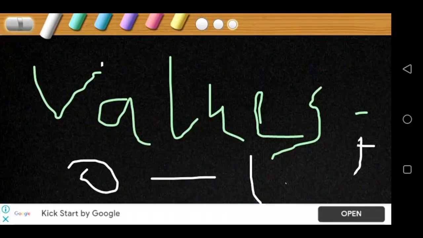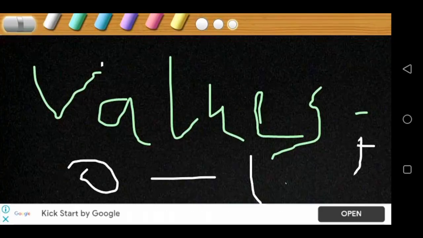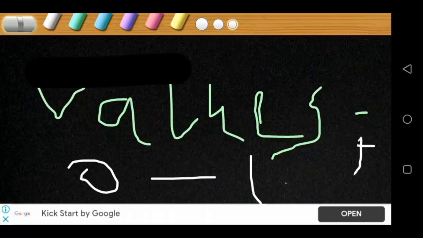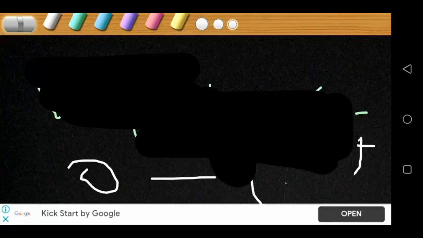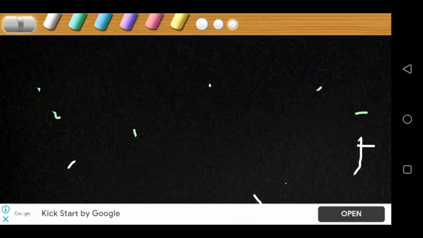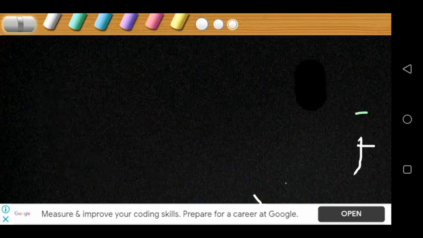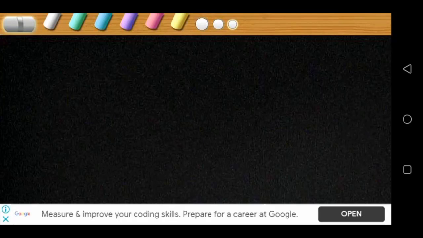While 1 stands for absolute certainty or possibility. So again, values of probability lie between 0 and 1. 0 means absolute uncertainty or impossibility, and 1 is absolute certainty or possibility.